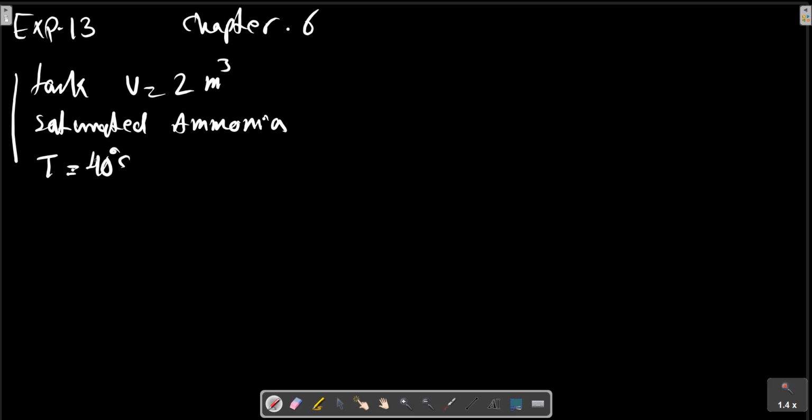Initially, the tank contains 50% liquid and 50% vapor by volume.